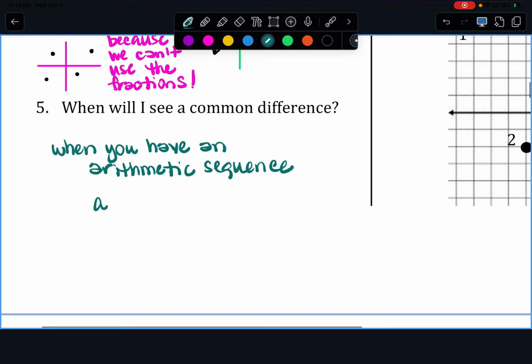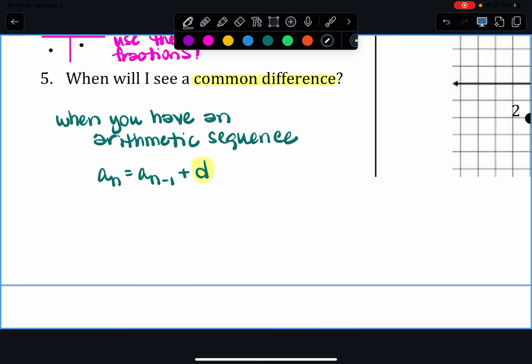Right, so remember, I'm just gonna write the subscript notation that says that any term can be found by looking at the term before it and then adding some common difference, right? So the common difference, remember, is the letter D in the formula, okay?